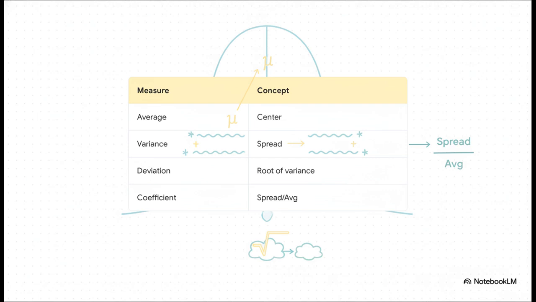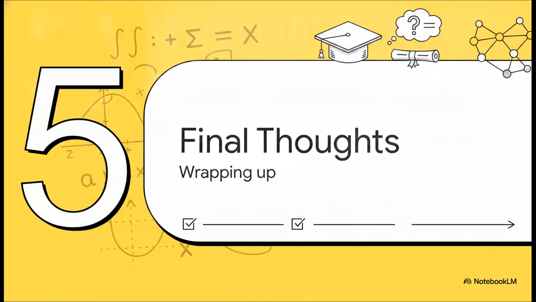Next is variance, which calculates how far our data spreads out from that center. Then, standard deviation takes that variance and puts it on a standardized scale, so it's much easier for us to grasp. And finally, the coefficient of variation. This compares the spread directly relative to our average. Basically, these measures give us the whole shebang, exactly where the middle of our continuous distribution is and exactly how far the edges stretch. And we made it through the math.